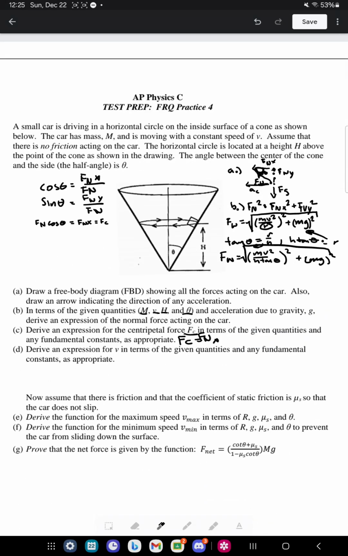F_c equals the square root of (mv squared over h tan theta) squared plus (mg) squared, times cosine theta, and that equals your F_c.